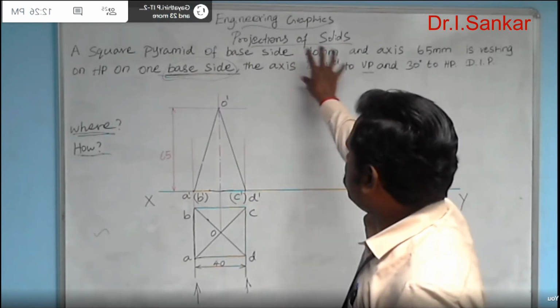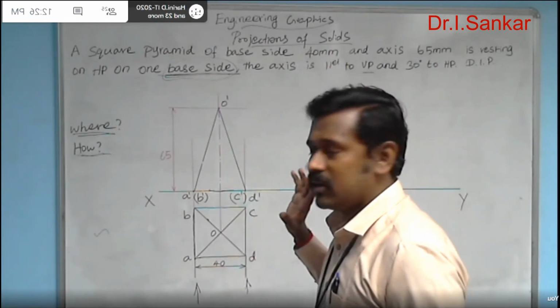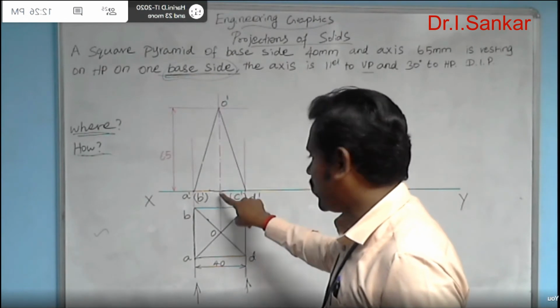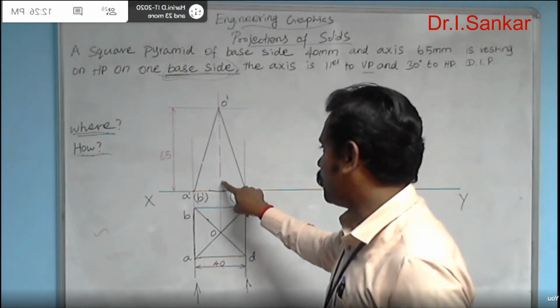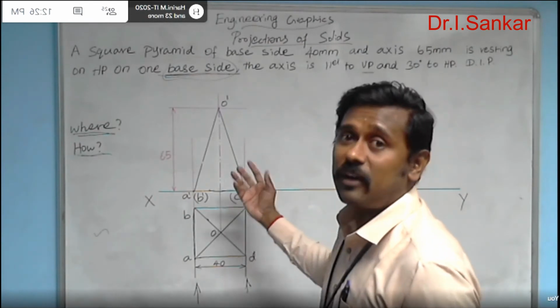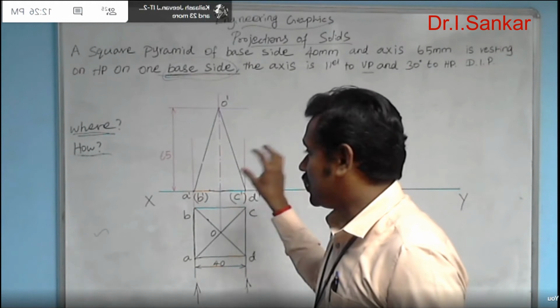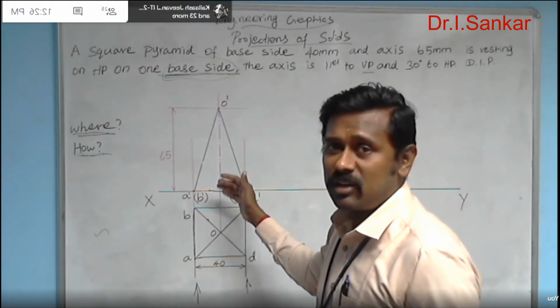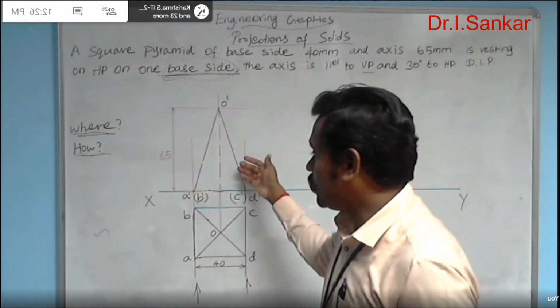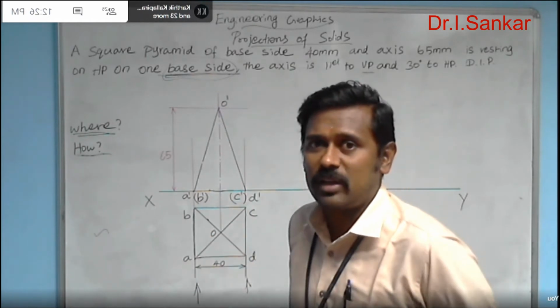By considering the question statement here, two mistakes you can find. That is, the axis is not inclined at 30 to HP. It is actually now perpendicular to HP, since it is perpendicular to XY in the front view. Any geometrical relation in the front view with respect to XY, automatically we can consider with respect to HP in the actual environment.